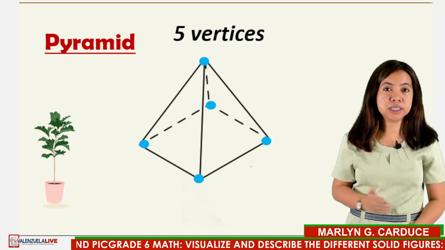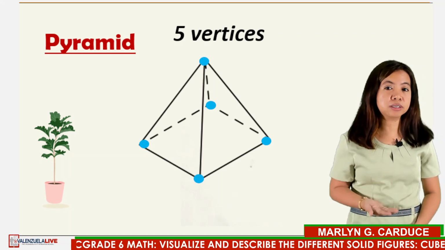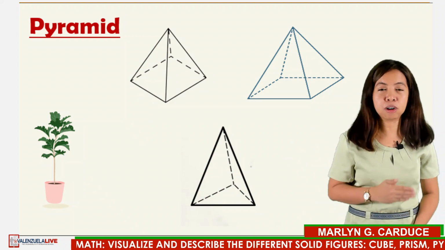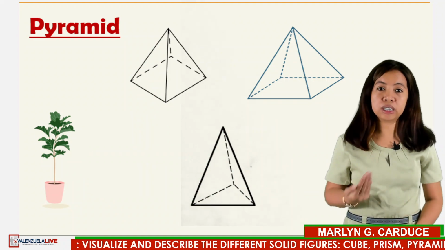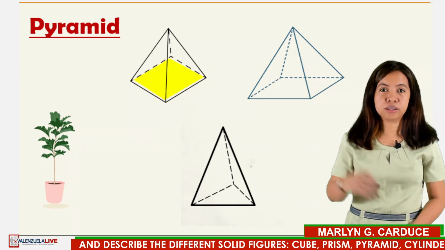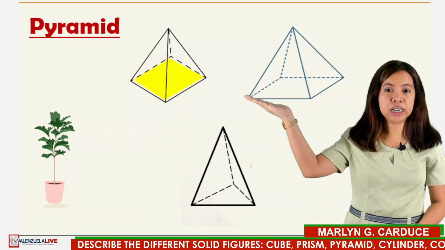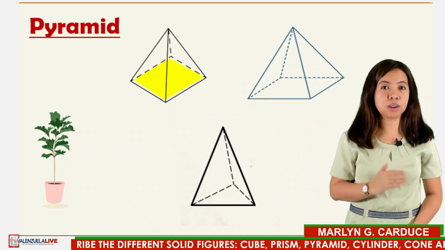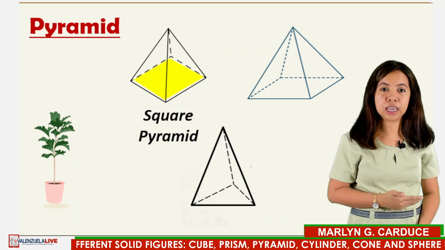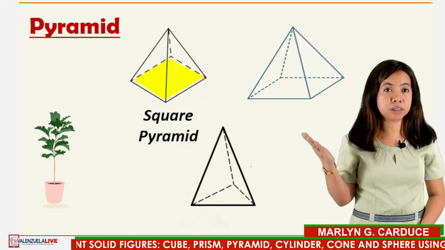And just like the prism, different types of pyramid can also be named according to the kind of base they have. So like in our first figure, a pyramid with a square base can be called a square pyramid or a regular pyramid.